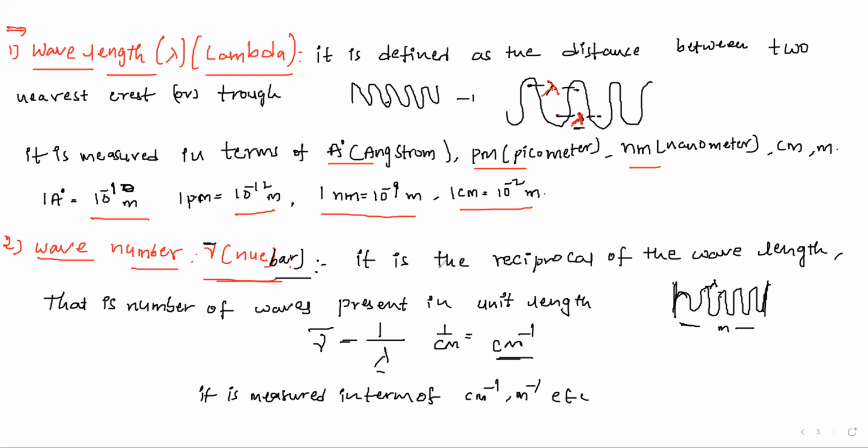Is it clear everyone? Wavelength and wave number. Wavelength lambda, wave number nu bar.